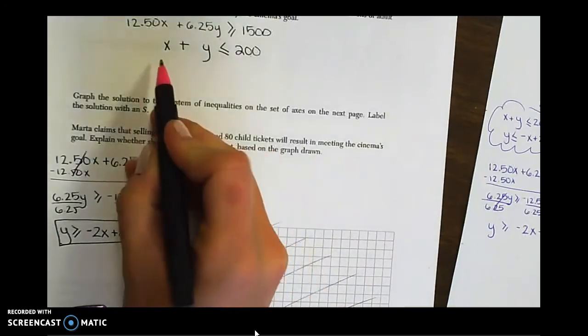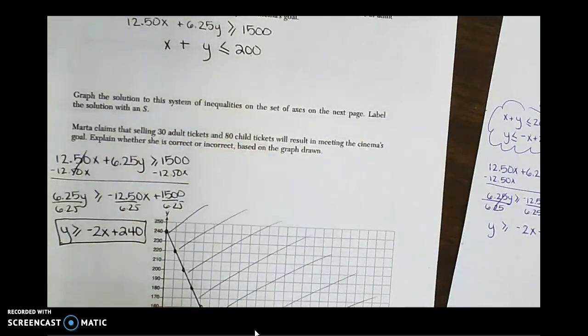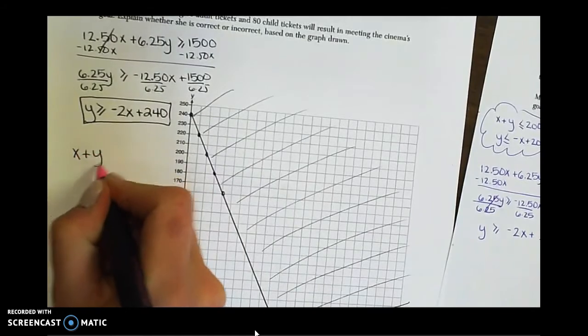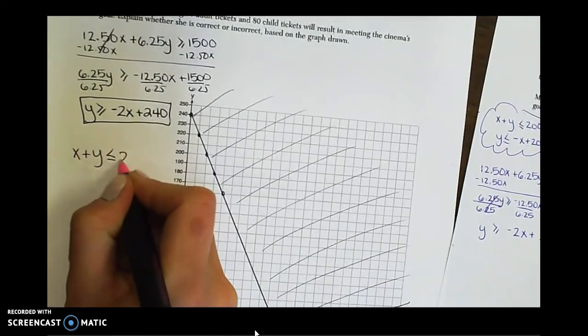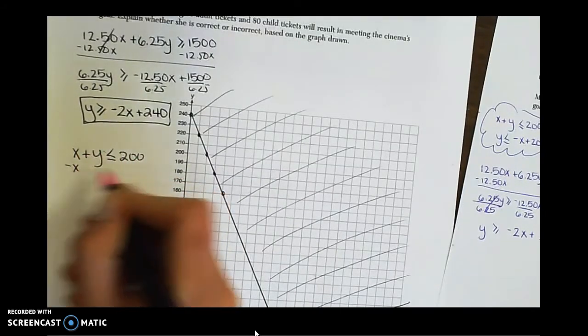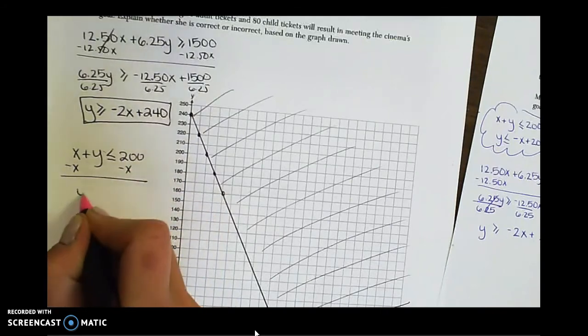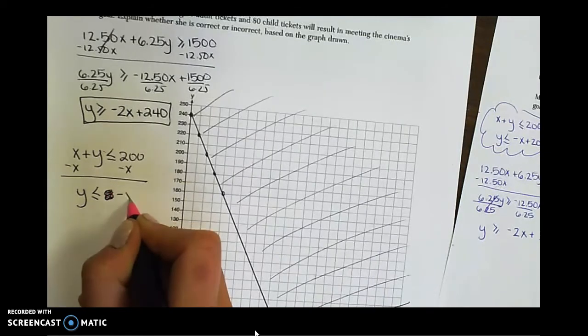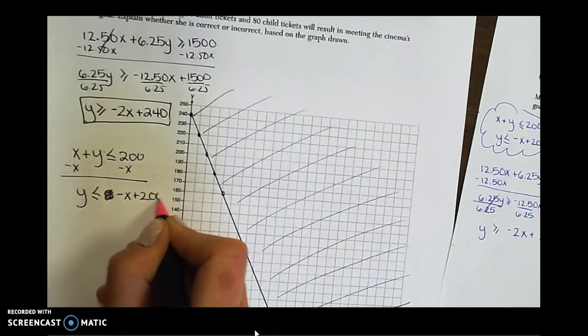Okay, now we're going to take our second equation and we're going to graph it. Okay, so I'm going to bring that down. So we have x plus y has to be less than or equal to 200. So I want to get the y alone, so I'm going to subtract the x. So y has to be less than or equal to negative x plus 200.